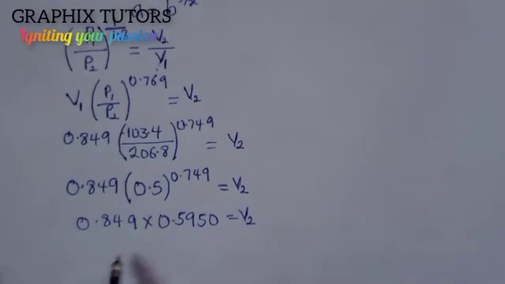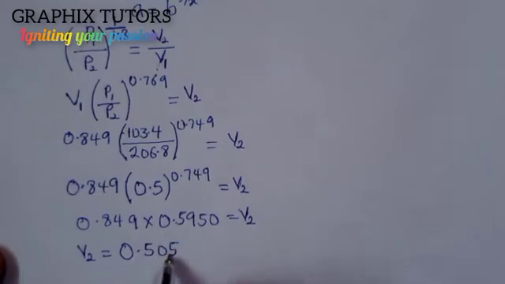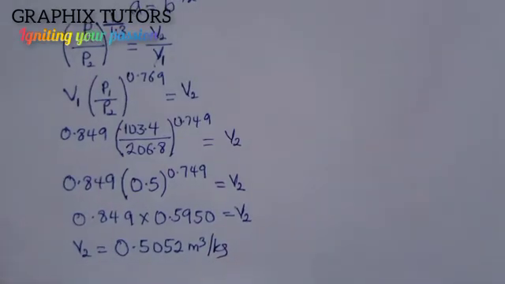So we can now say that V2 will give us, multiplying this, 0.505. So the specific volume is giving us 0.5052 meter cube per kilogram. So that's our final specific volume.